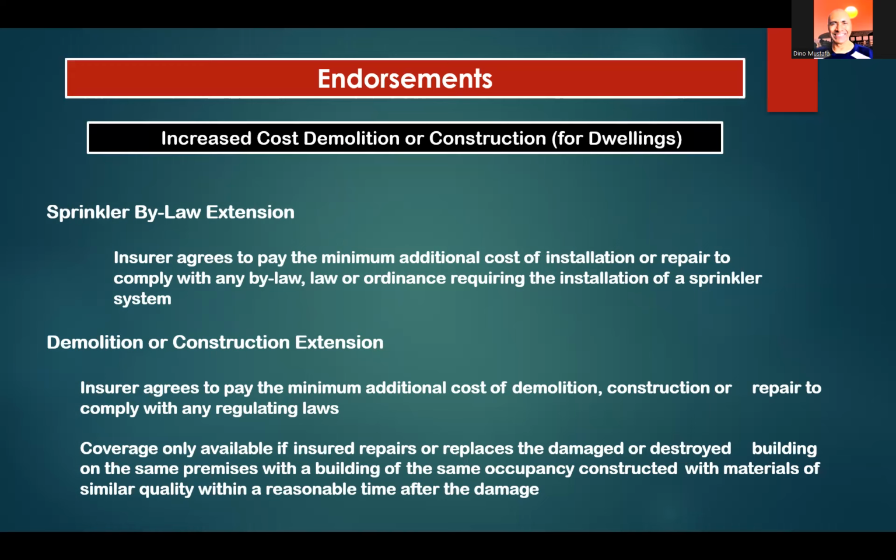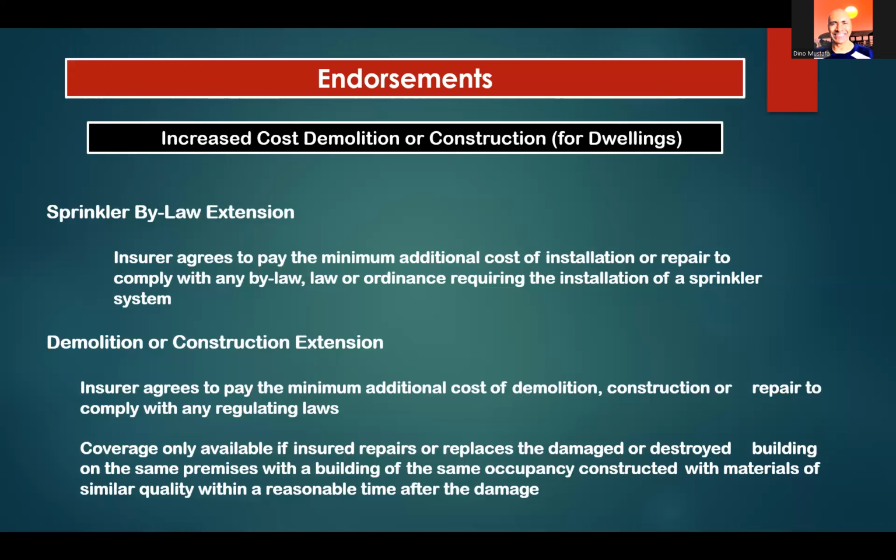Okay, coverage is only available if the insurer repairs or replaces the damaged or destroyed building on the same premises with a building of the same occupancy constructed with materials of similar quality. So what that means is, let's say the building is destroyed and then we are rebuilding it. It has to be in the same location. You cannot tell the insurance company, oh, I have a piece of land near the lake, why don't you guys build it for me there? No, they won't do that.